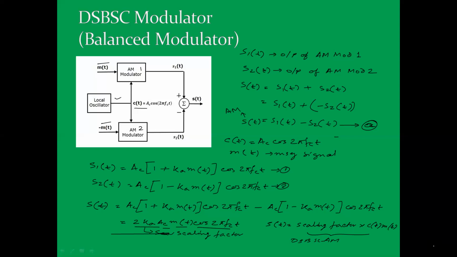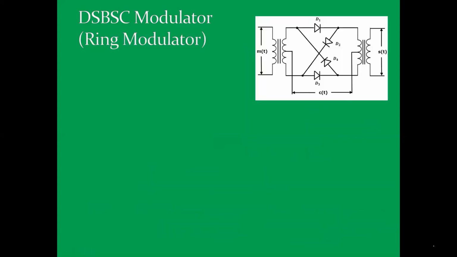Now, going to the next type of modulator, the ring modulator. The ring modulator has 4 diodes: D1, D2, D3 and D4.